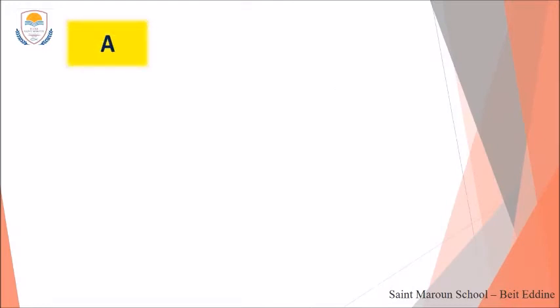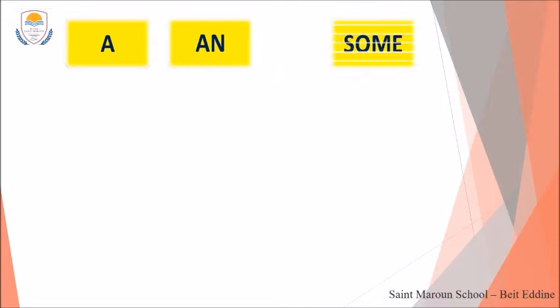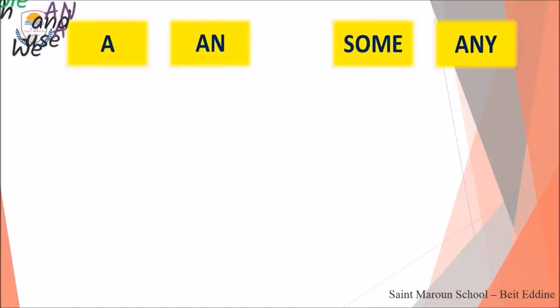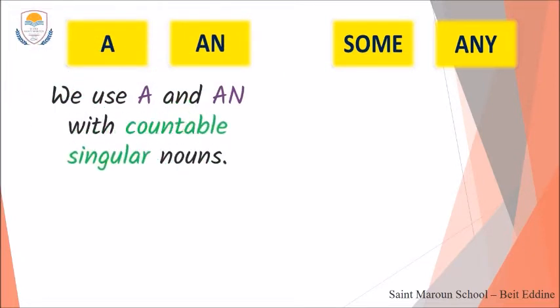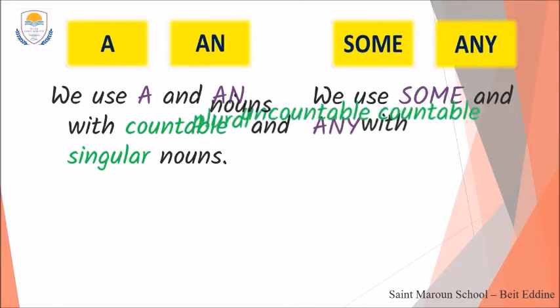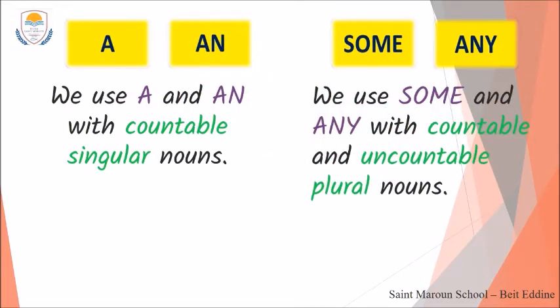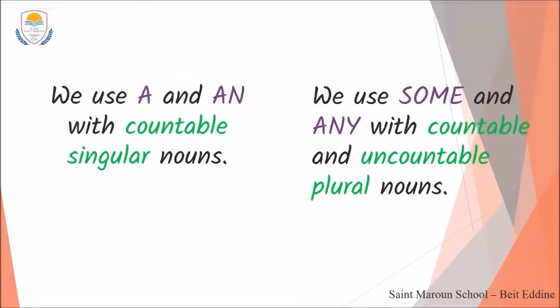I use a, an, some, and any. When do I use each one of them? A and an, I use them for the countable singular nouns. Some and any, we use them for the countable and the uncountable plural nouns. Now, but how do I use each one of them? Let's see together.